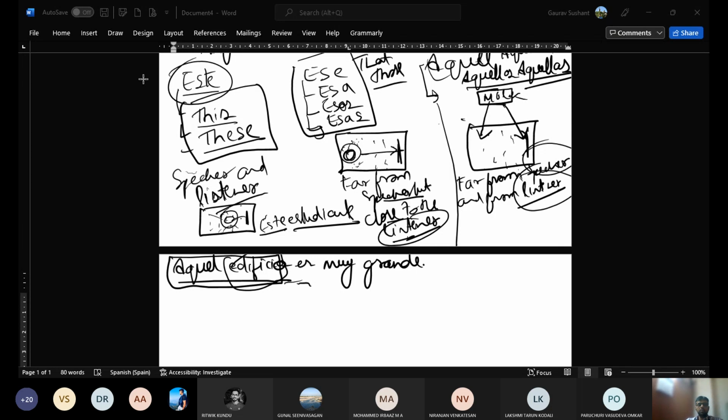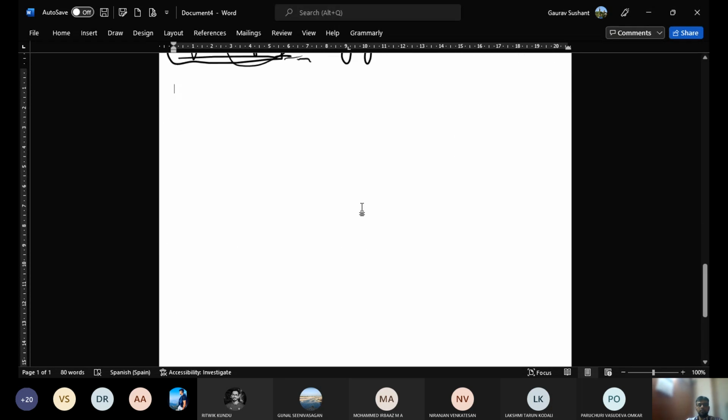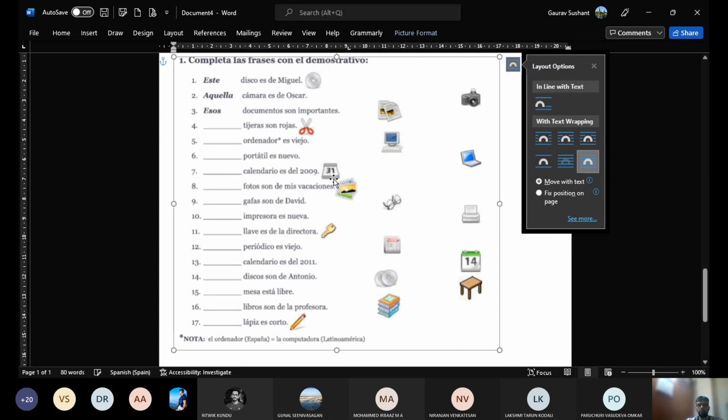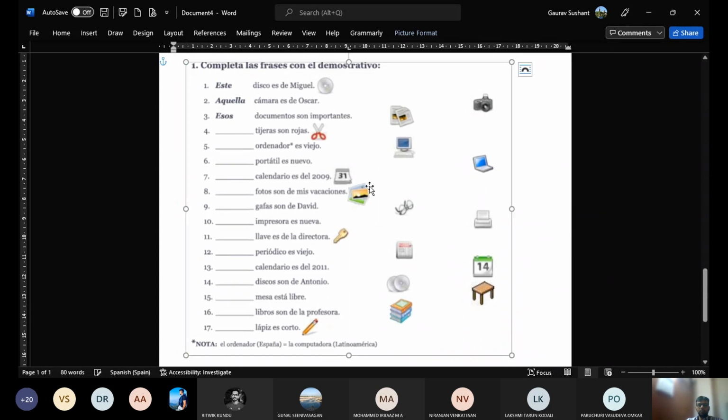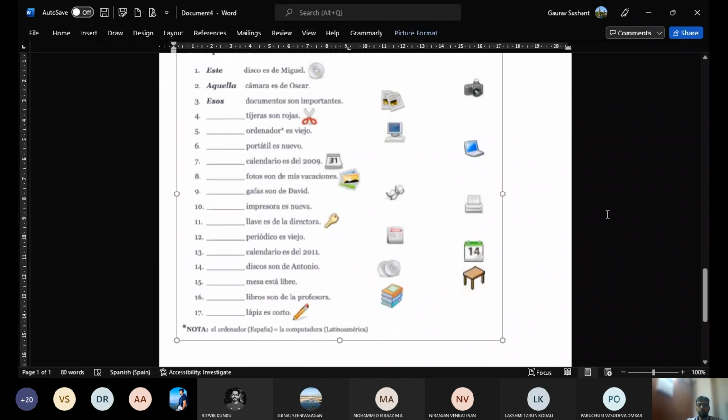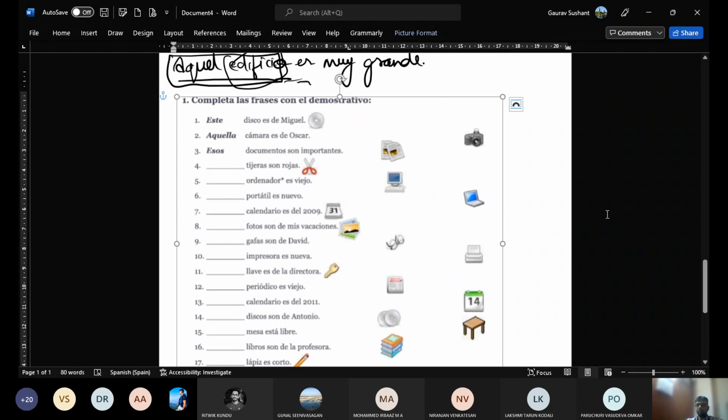Now, based on this, I'm giving you a very simple exercise. All of you can see here. The exercise which I have just given you, you have to select the correct demonstrative adjective.